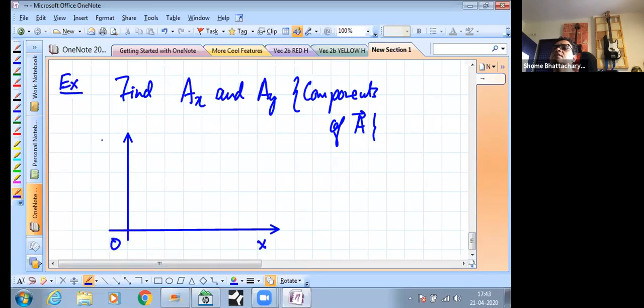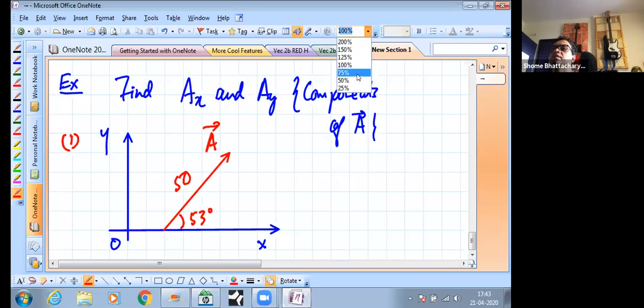This is my x and y axis. And let us say I have drawn the vector A over here. So the vector A has a length of, let us say, 50, and this angle here is, let us say, 53 degrees. Okay, so let's say this is the first part. Just try this out, and I'll be giving you some more also.